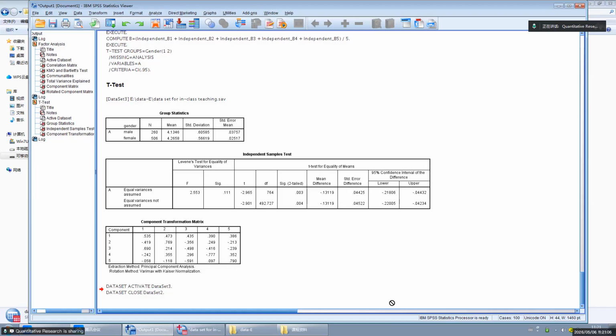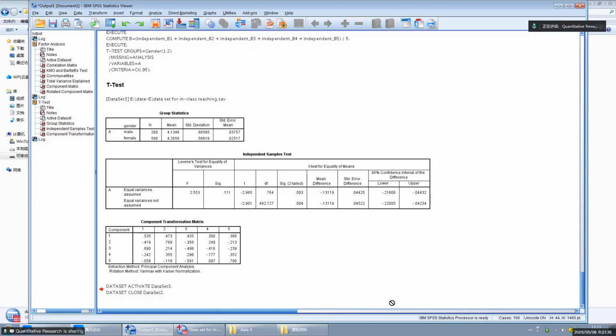How can we know who scores higher? You have to go back to the first table and check the mean scores.